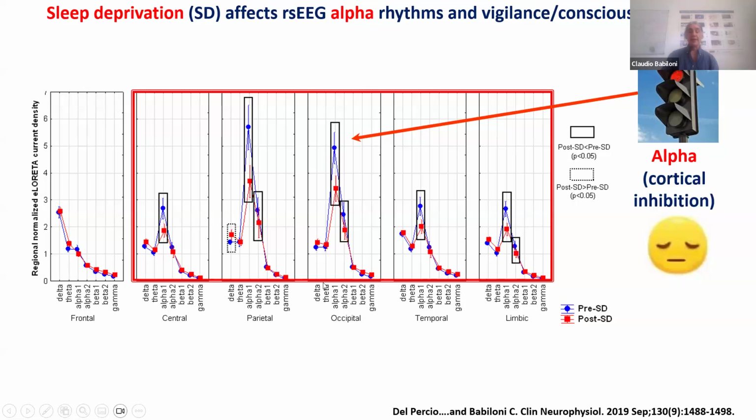The horizontal axis shows the frequency bands delta, theta, alpha 1, alpha 2, beta 1, beta 2, and gamma. And each rectangle shows the cortical regions of interest, the central, parietal, occipital, temporal, and limbic.